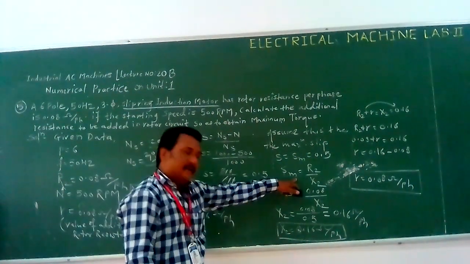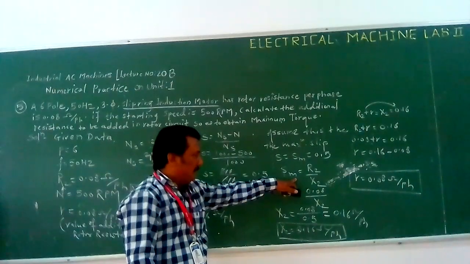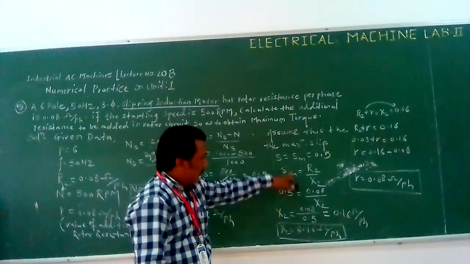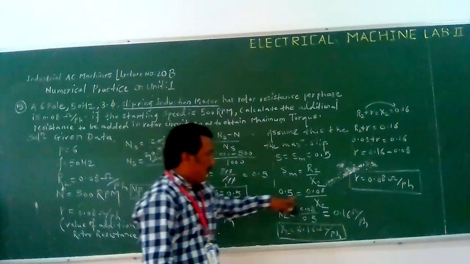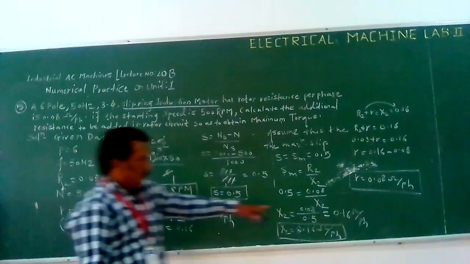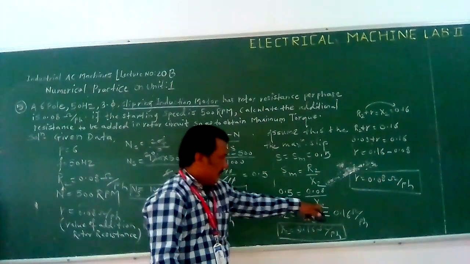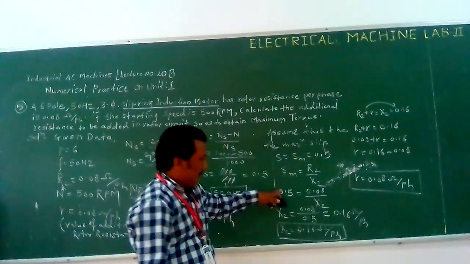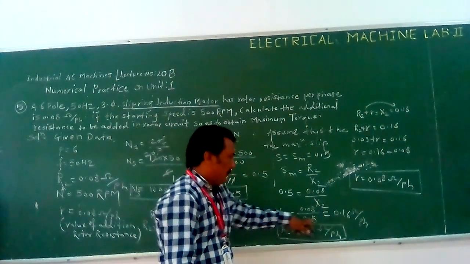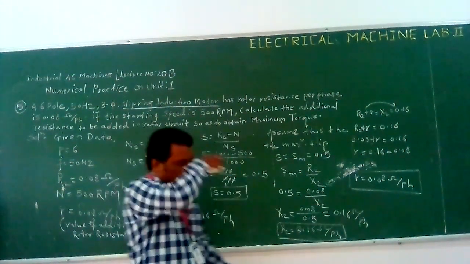Here we are considering the maximum slip, and the formula is Sm equal to R2 upon X2. Sm is assumed as 0.5, R2 is given as 0.08, and X2 is unknown. By simplifying, X2 becomes 0.08 upon 0.5, which is 0.16.